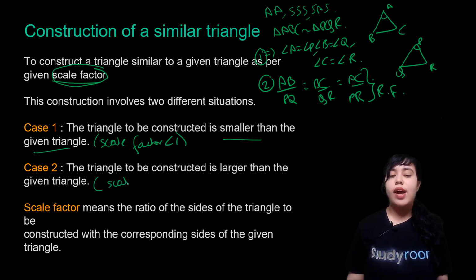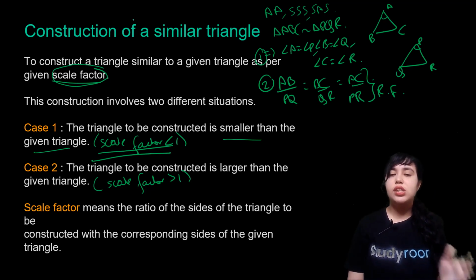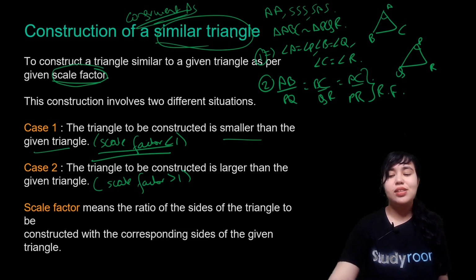Then the scale factor in the question would be given to you as greater than 1. Once again, scale factor means the ratio of the corresponding sides of the triangle. If it's less than 1, that means the triangle you are going to construct will be smaller than the given triangle. If it's greater than 1, it means the triangle to be constructed is greater than the given triangle. Obviously we are not considering the same sizes of triangles, because then the triangles would become congruent, and here we are talking of similar triangles.